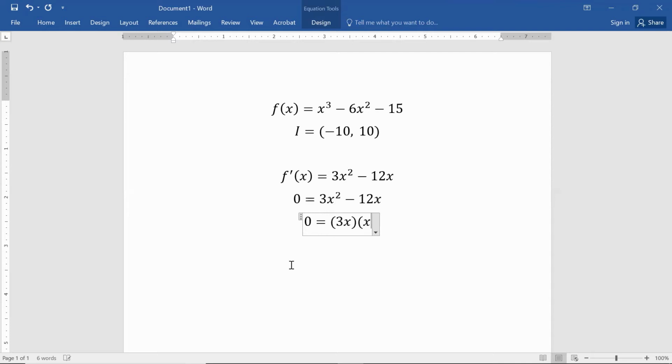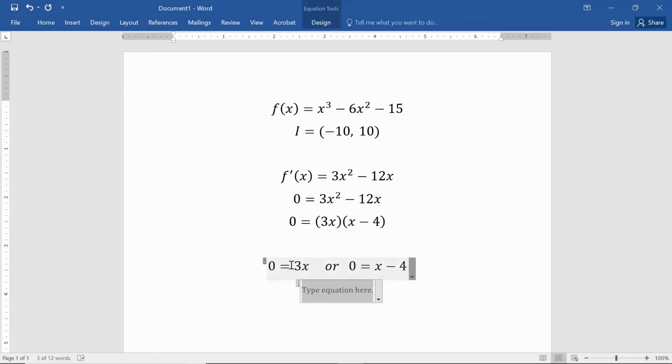What's left over is x minus 4. By the zero factor property, either 0 has to be 3x or 0 has to be x minus 4. Solving that, we have 2 critical values: one critical value is when x is 0, and the other is when x is 4.